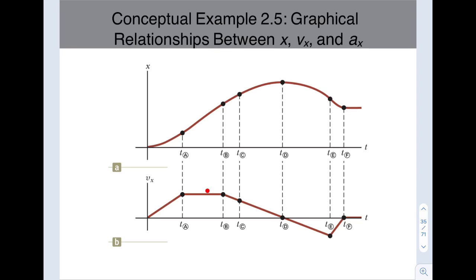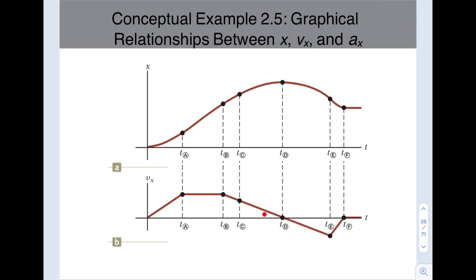Now from tb to td, the slope decreases. So the value of the velocity in the v versus t graph for this part decreases as well.